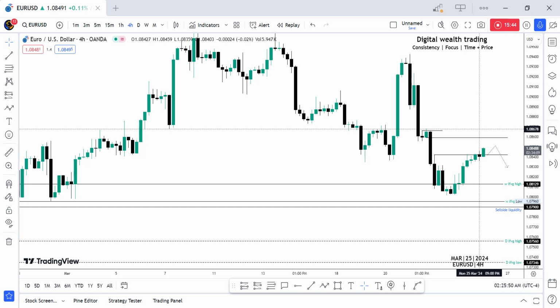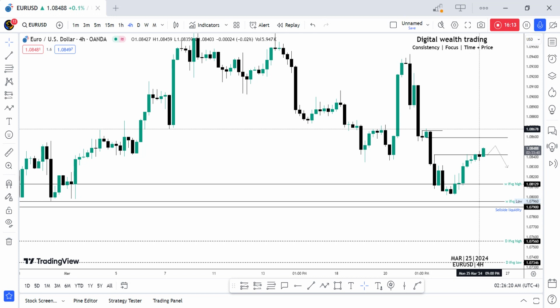Now the Euro US dollar 4 hourly contract shows how nicely price delivered in today's trading. On the 4 hour, we can see that Euro has priced into the 4 hourly fair value gap of CB, and price is trading on that area of interest, which is already anticipated to be a catalyst to deliver price lower and seek sell side delivery.